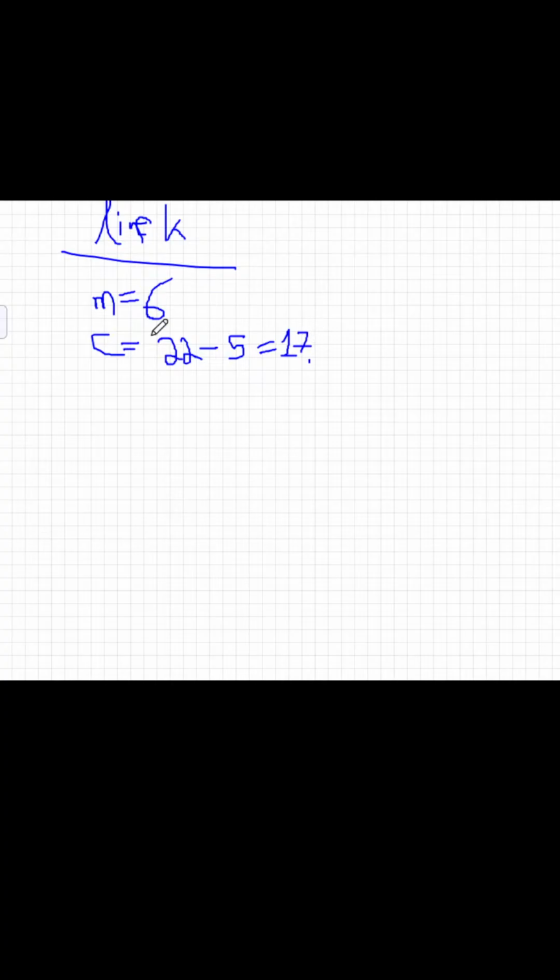So we have the slope and intercept for line K. So we can get the equation here: y equal to mx plus c, and that will be y is equal to 6x plus 17. So 17 is the y-intercept and 6 is the slope.